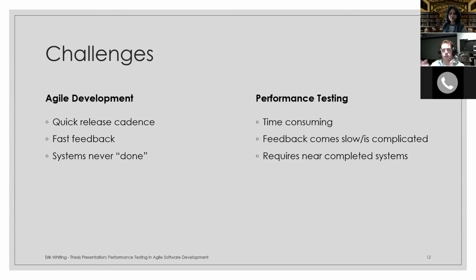But when you're doing performance testing, you kind of need a completed system, because if you only have a system that's running at 50% of what it's supposed to be running, you're not really getting accurate results from the performance tests. So these are some of the challenges of doing performance testing in Agile.